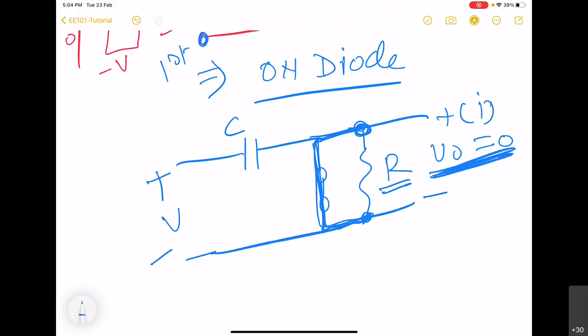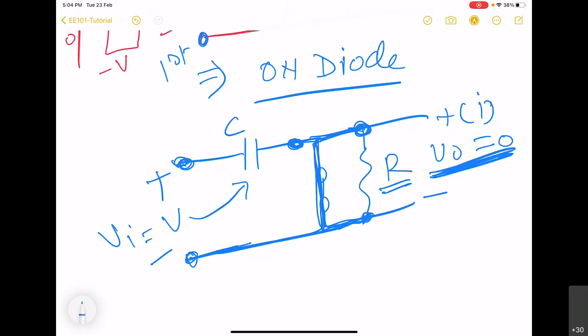Second thing that will happen here, you can see, is that the negative terminal of the input is now connected to the other end of the capacitor. So what happens? This VI gets connected across the capacitor.